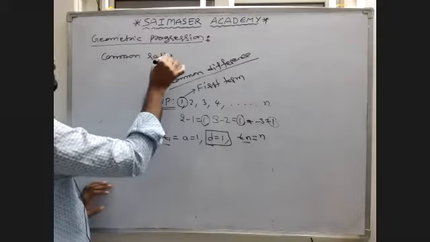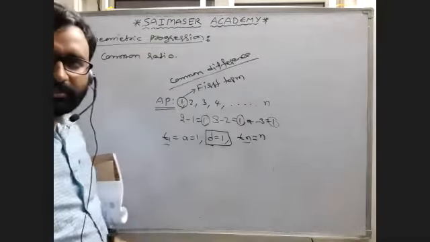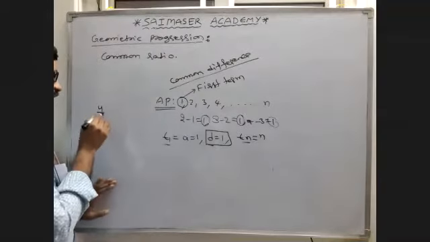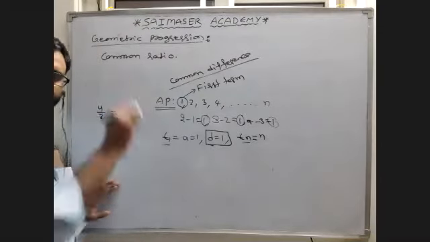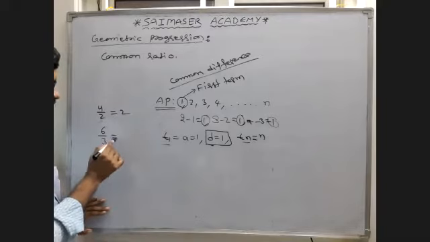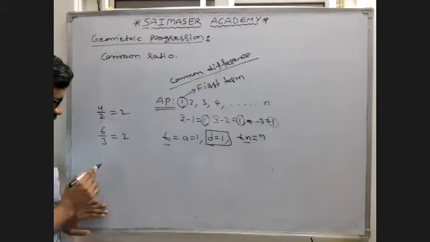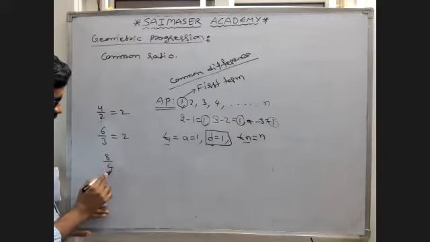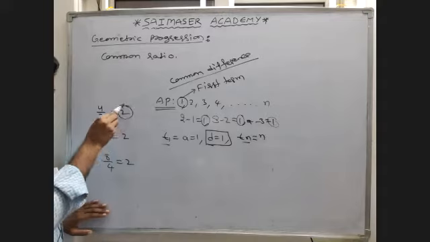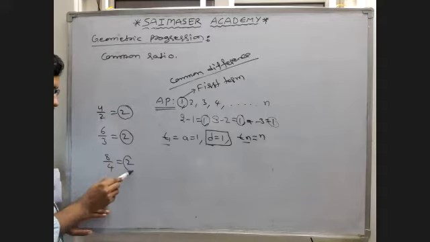This is very important. Ratio means division. Suppose 4 by 2, what? 2. 6 by 3, what? 2. 8 by 4, what? 2. See, this is the common ratio for all these numbers.